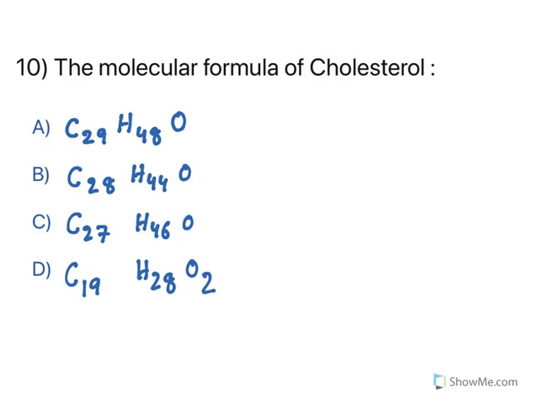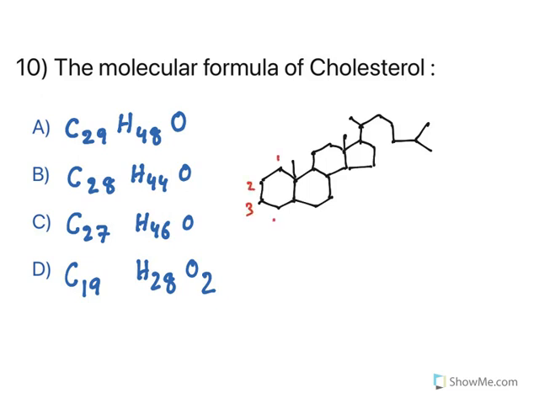Now the molecular formula of cholesterol. Again, you need to know the structure of cholesterol. All steroidal molecules are derived from cholesterol, so it is always prudent to learn its structure. And you need to know the numbering too. The numbering starts from here: 1, 2, 3, 4, 5, 6, 7, 8, 9, 10, 11, 12, 13, 14, 15, 16, 17.